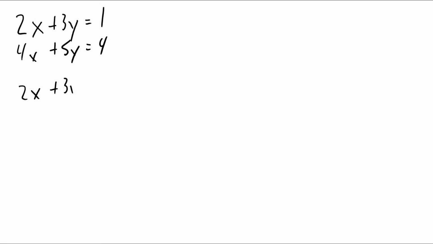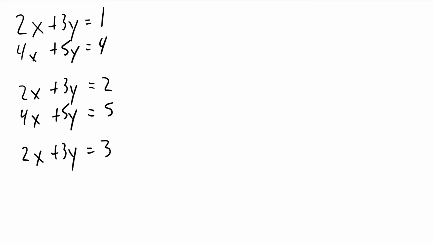So let's say we've got the system 2x plus 3y equals 1, and 4x plus 5y equals 4, and the system 2x plus 3y equals 2, and 4x plus 5y equals 5, and the system 2x plus 3y equals 3, and 4x plus 5y equals 6.